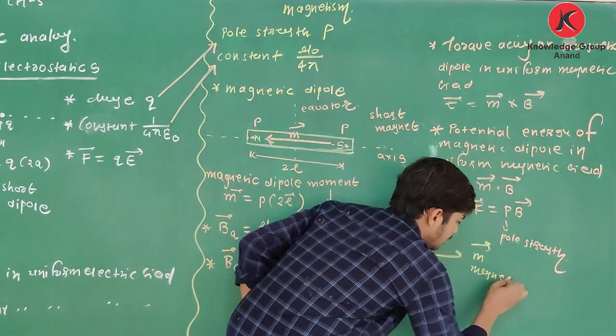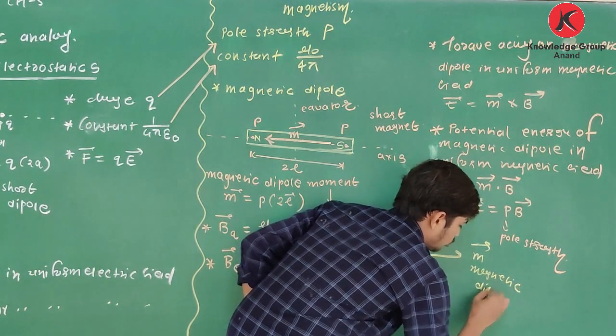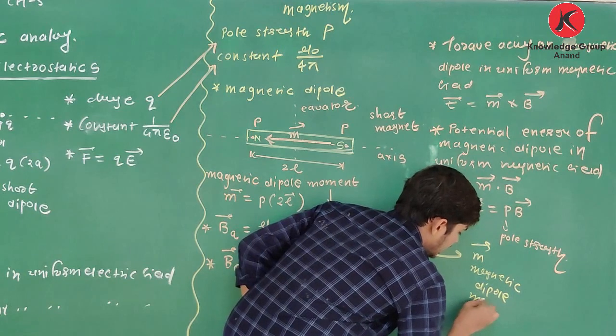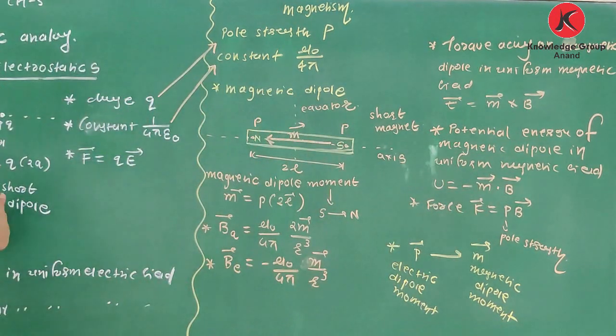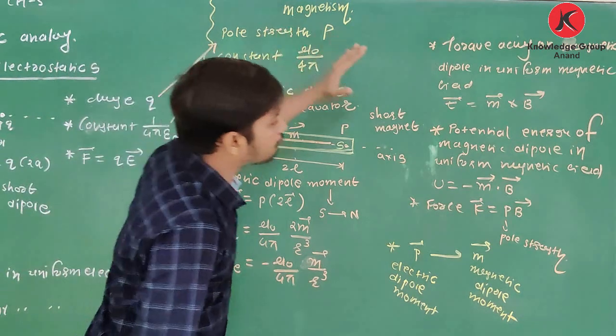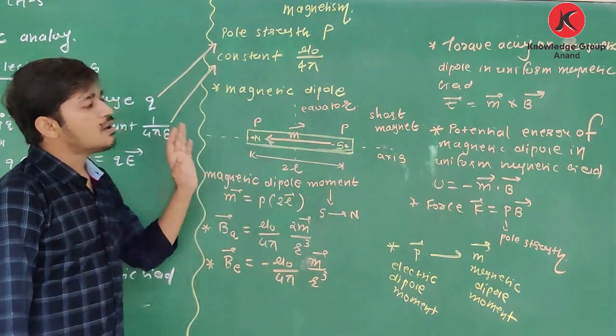So you can easily compare equations of these two different phenomena. If you know every equation of electrostatics, you can easily form the equations for magnetism.